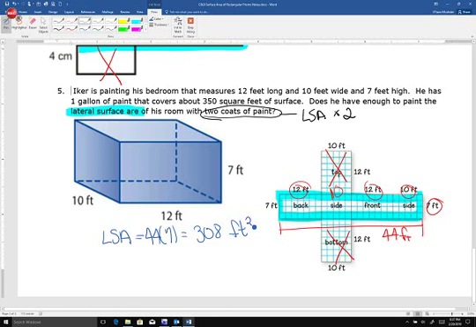Now, it does say that he wants 2 coats of paint, so I think we're going to have to do this twice. I'm going to multiply it by 2. So he's actually going to be covering 616 feet squared because it's 2 coats.